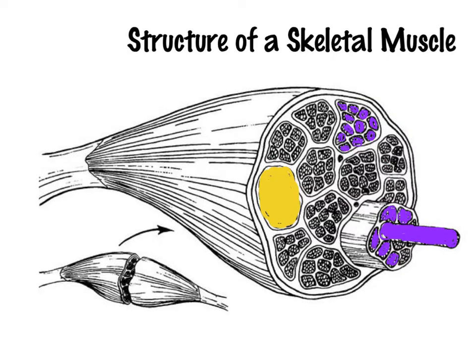Some of the other things that I want you to color are connective tissue layers. We have an epimysium, an endomysium, and a perimysium, depending on where they're located. Let's go again smallest to largest, so we'll start with the endomysium. You're going to need a green, and basically this is the connective tissue that's around a muscle fiber.